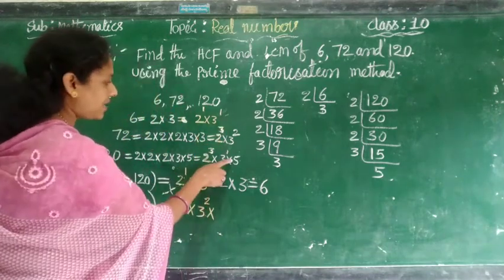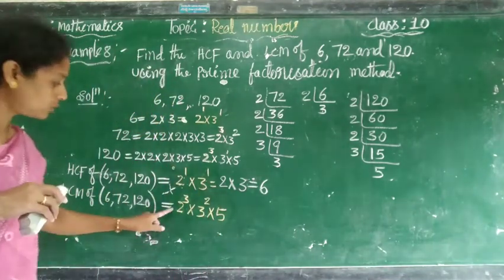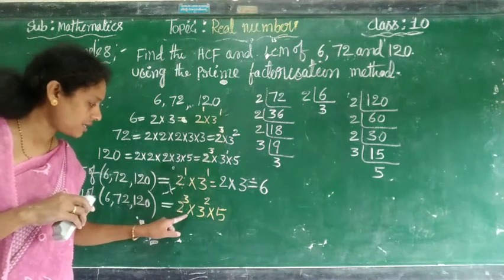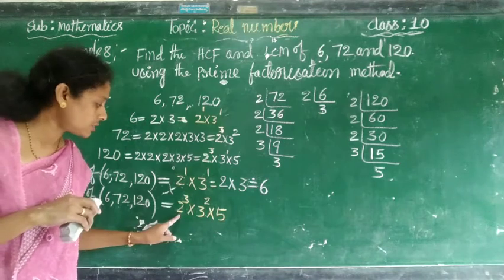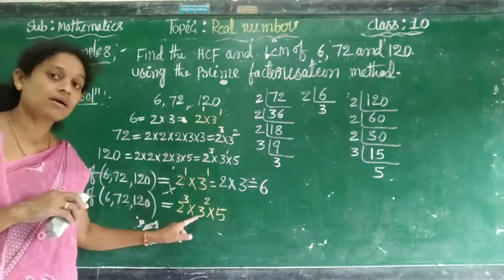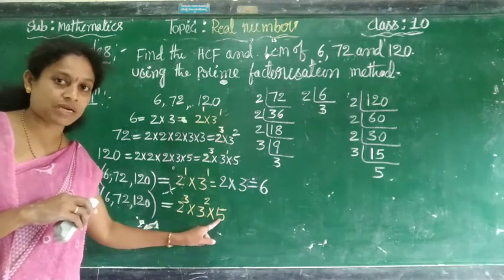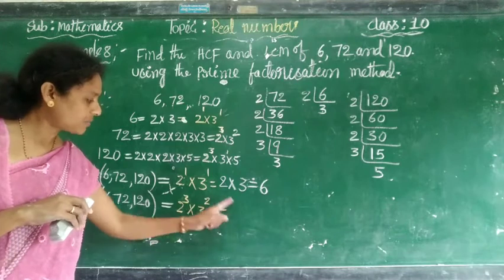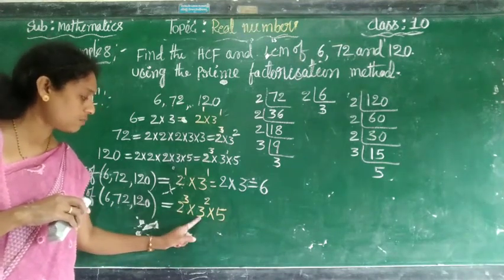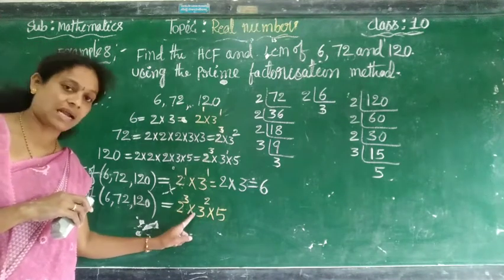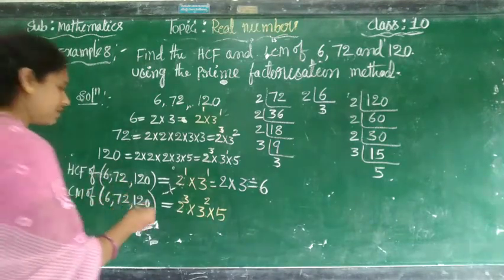The remaining number is 5. So here 2 to the power of 3, 3 to the power of 2 and 5 are the highest powers of the prime factors 2, 3 and 5 respectively involved in the numbers.